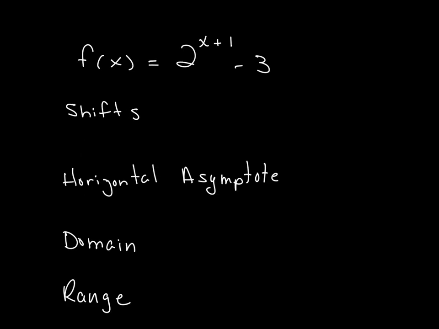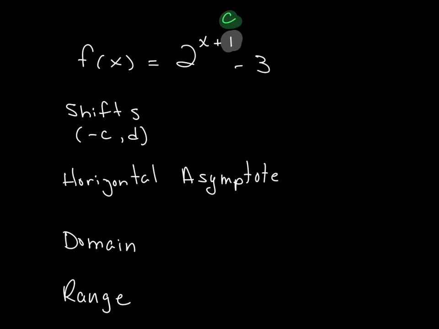So let's go ahead and put all of this together. What are the shifts that I have here? So the shifts are identified by c and d. So it's going to be minus the c and then d for the shifts. So what that tells us is c is 1, but I have to change that sign, so that's going to be in the opposite direction.